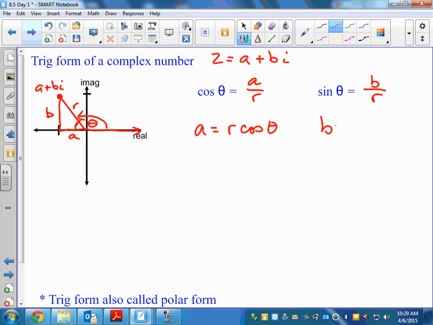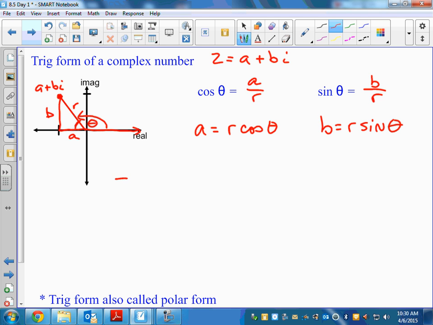And b would equal r sine of theta? If you ever forget where that comes from, you can always draw a picture and draw a triangle and find that. But they want you to know that the a value in a plus bi is always equal to r cosine of theta, and the b value is equal to r sine of theta.